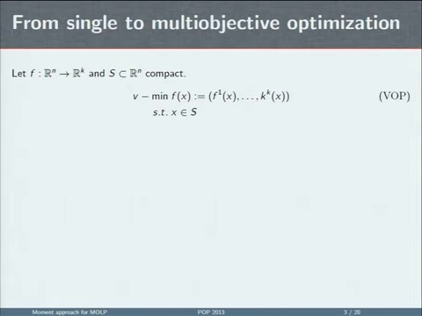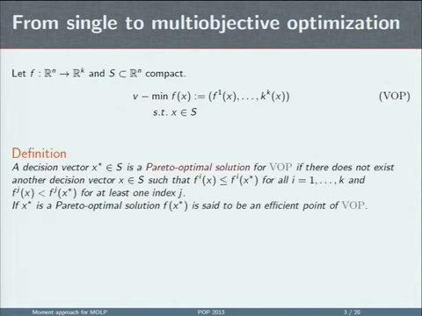Here the function is multi-dimensional, so we are trying to find a point that minimizes simultaneously all these k functions. Of course, component-wise comparison doesn't induce a total ordering in R^k, so first of all we have to agree on what is considered a solution for this type of problem.